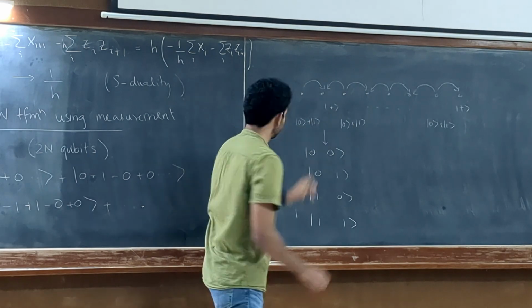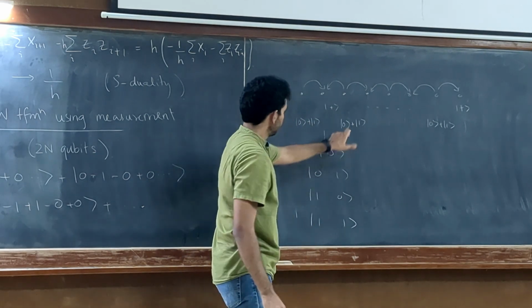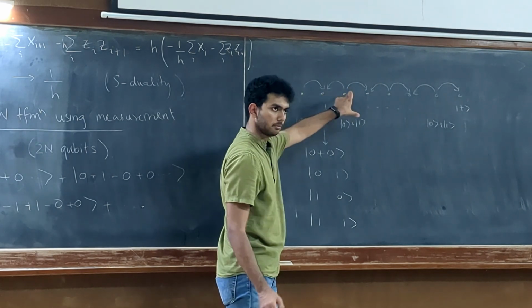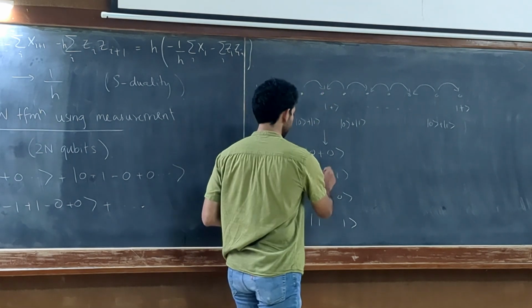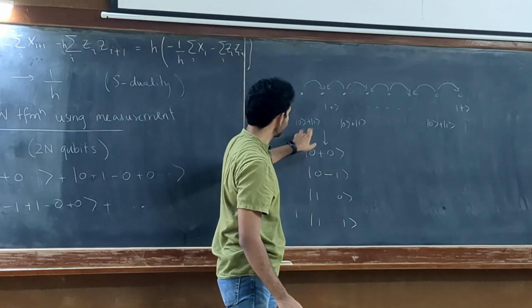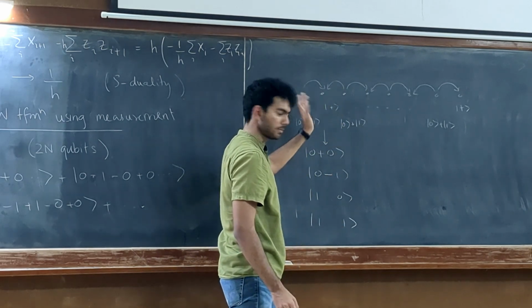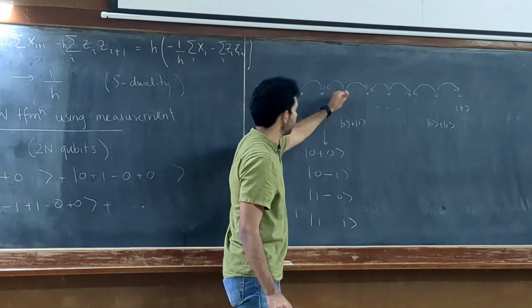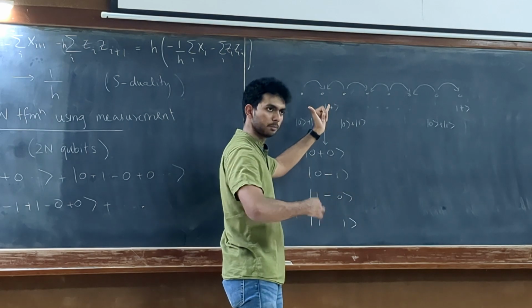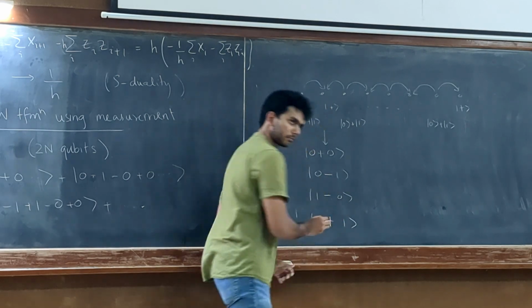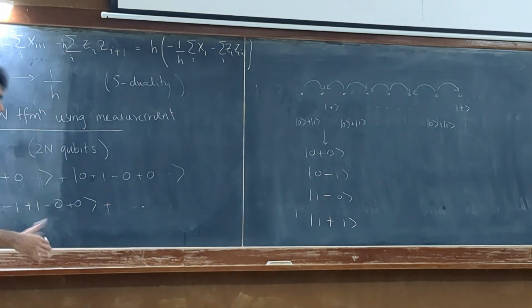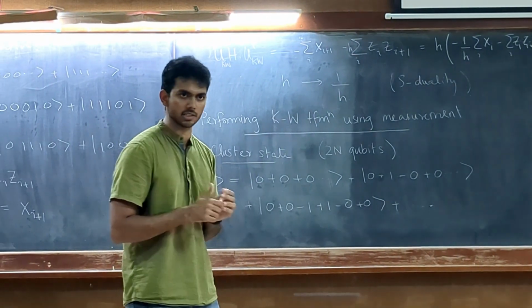Is that clear? If this is 1 and this is 0, this doesn't do anything, but this flips it. You get a minus. This is 1 and this is 0, it's the same story, just flip it around, you get a minus here. Both of them are 1. This flips it, this also flips it, so it just goes back to plus. So this gives you the right prescription that I told you earlier, that you want a minus if there's a domain wall between the edges.